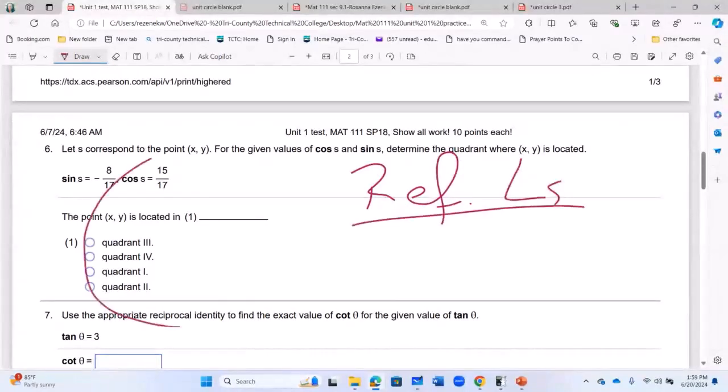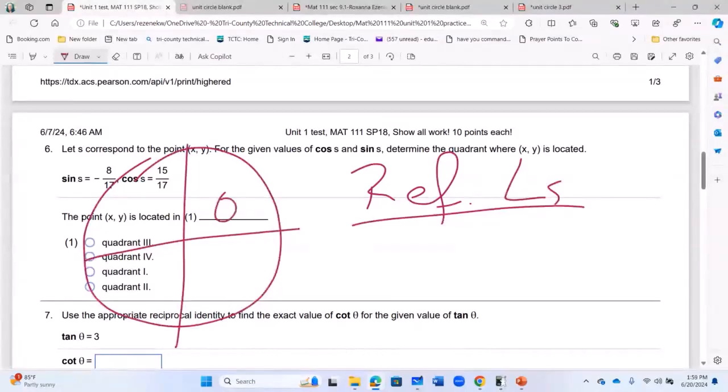In the first quadrant, the reference angle is the same as theta. In the second quadrant, the reference angle phi is equal to 180 minus theta, 180 minus the original angle. In the third quadrant, the reference angle phi is equal to theta minus 180.